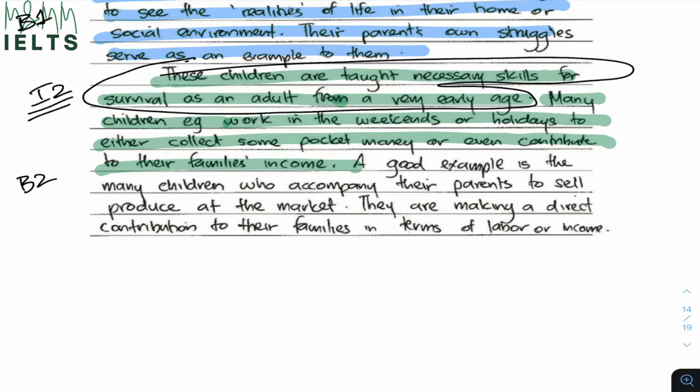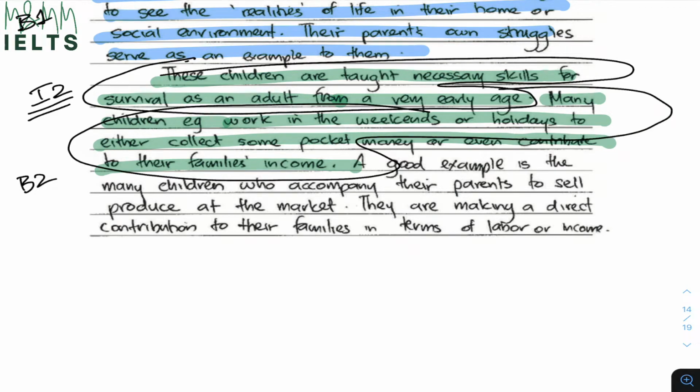So now over here you have written that children learn a lot. In the example, you can also write that children learn cleaning the cars and houses of wealthy people for their survival, and they do it during the weekends or during their holidays after school to earn some extra money and contribute towards their family income. This is what basically the student is trying to say.